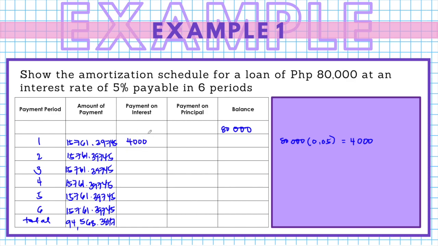So this just indicates that the 4,000 here in 15,761.39745 is given in the payment on interest.